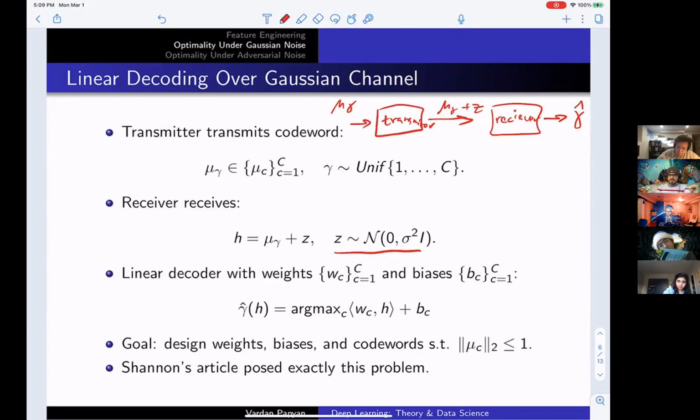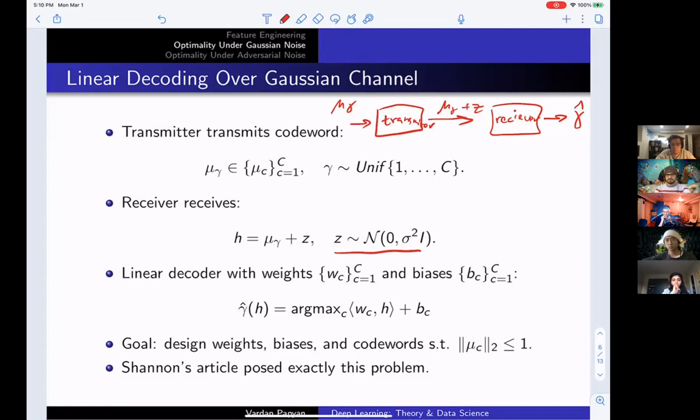So that means that gamma hat is just the argmax over the different possible C's of W_C inner product with H plus B_C. Does this look like a reasonable decoding step to you? It's just an affine transform, right? It's equivalent to predicting gamma hat based on an affine transform.